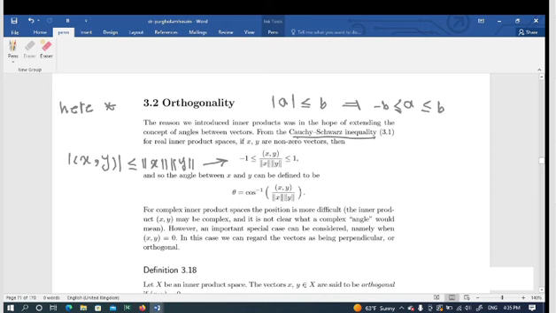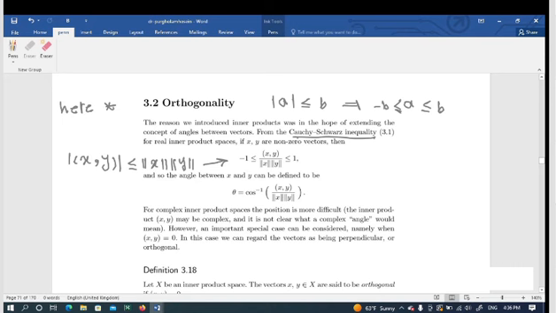So because the absolute value of the inner product of x and y is less than the norm of x dot the norm of y, when we divide by the norm of x dot the norm of y, the quotient must be between minus 1 and plus 1.